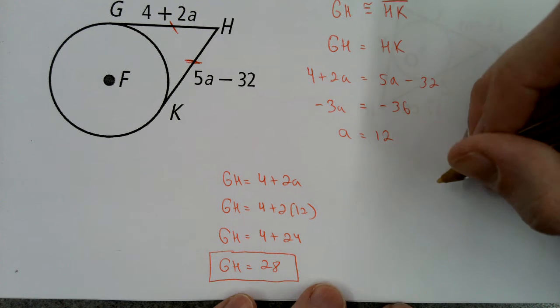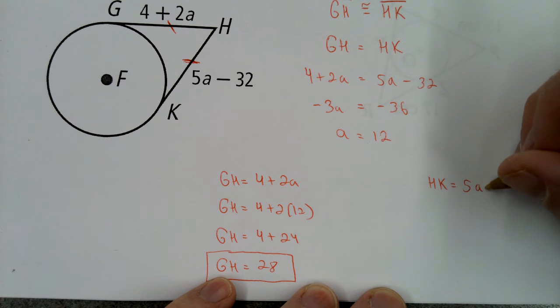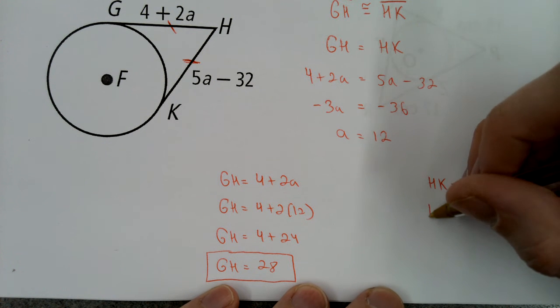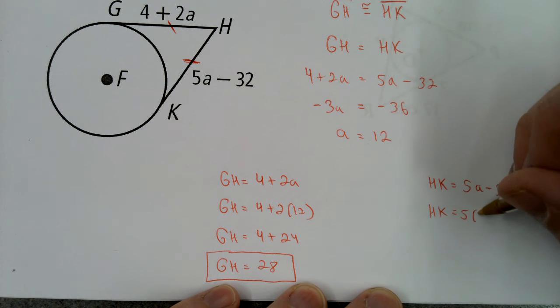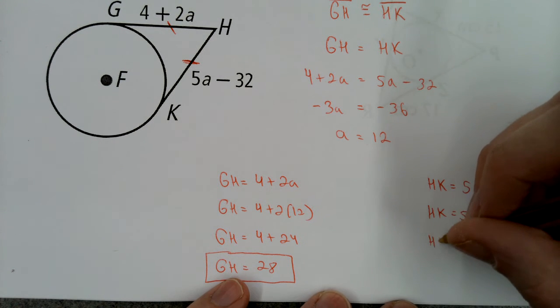Then let's find HK. It should be the same answer, hopefully. 5a minus 32. 5 times 12 minus 32. 60 minus 32 is 28.